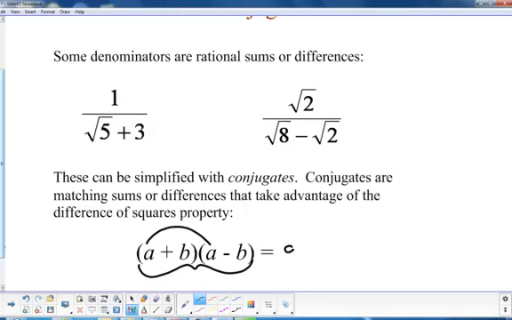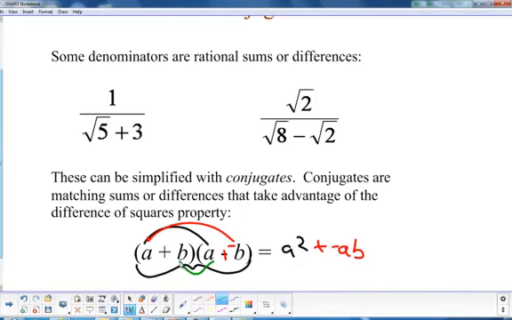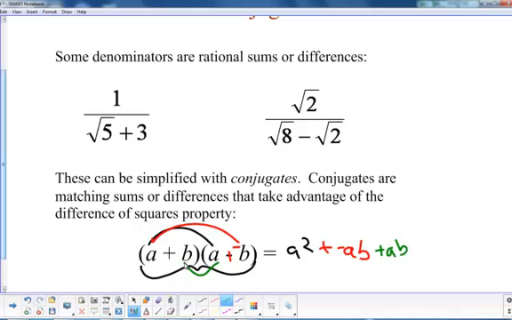This gives us a squared plus, that's a negative ab because of this, positive ab, and then we have our negative b squared. The middle two terms, when you have the difference of perfect squares, are always going to equal 0. So this simplifies to that.